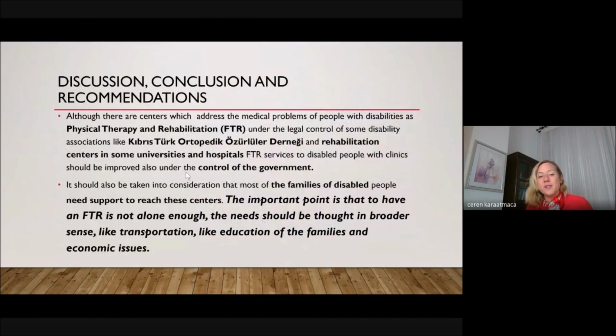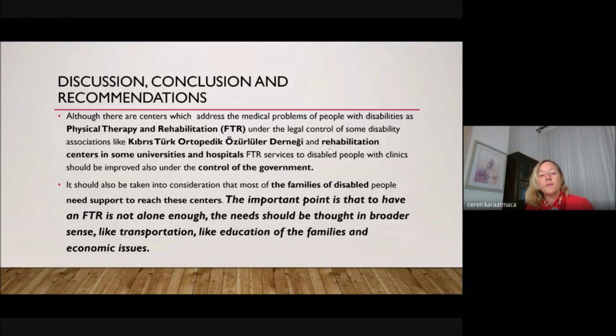And although there are centers which address the medical problems of people with disabilities as FTR, we can say, physical therapy and rehabilitation, under legal control of some disability associations like Kıbrıs Türk Ortopedik Özürlüler Derneği and some rehabilitation centers in some universities and hospitals, these services to disabled people with clinics should be improved also under the control of government.